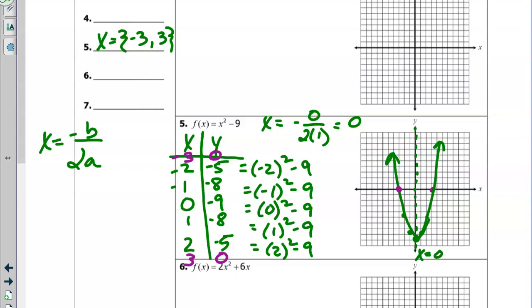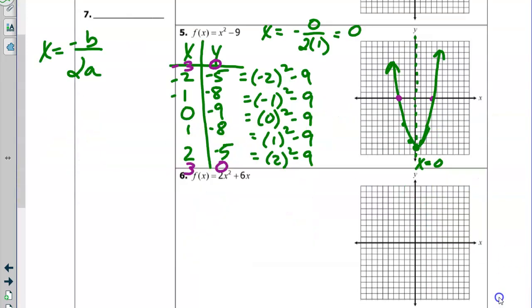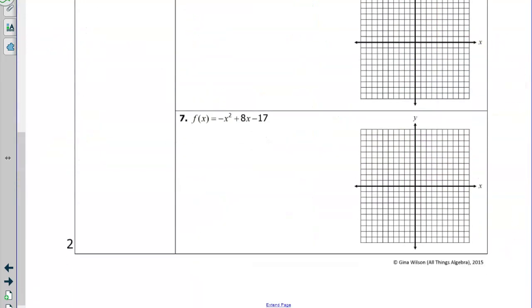I'm going to do 7 for sure. Does anybody need to see 4 or 6? All right, let's look at number 7. Let's first do our line of symmetry. So what is my b term? 8, good. And then a is negative 1.